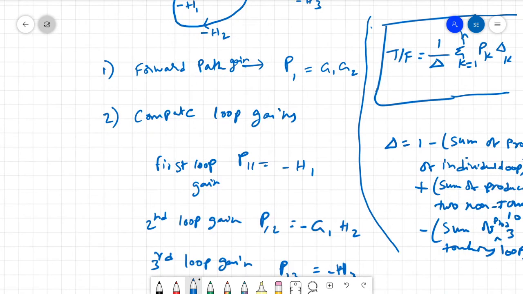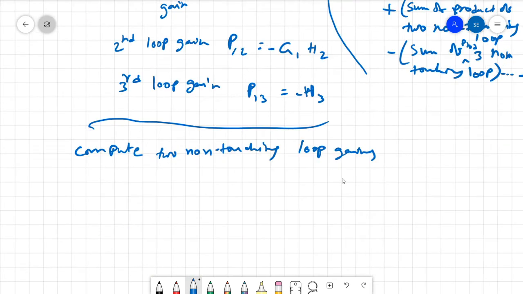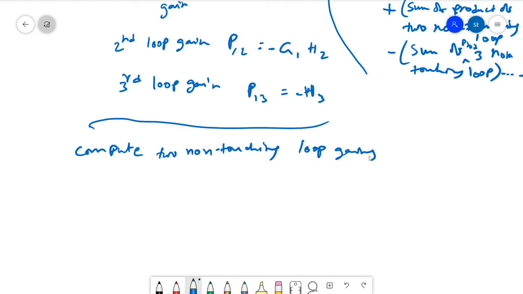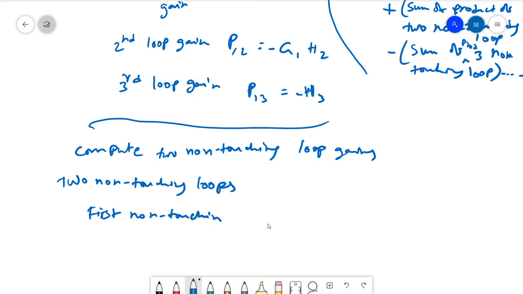So there are two sets of two non-touching loops. We'll write down the equation for non-touching loops. The first non-touching loop gain is P21, equal to H1 H3, isn't it?